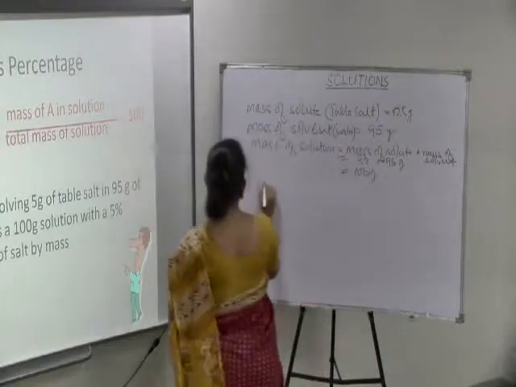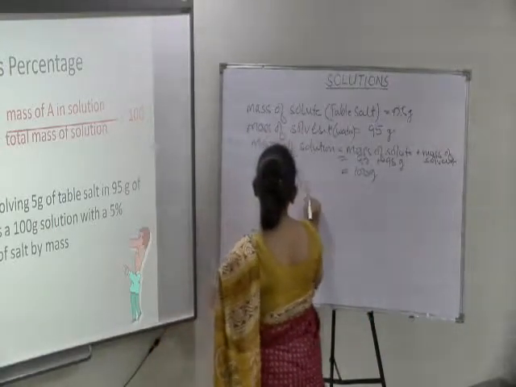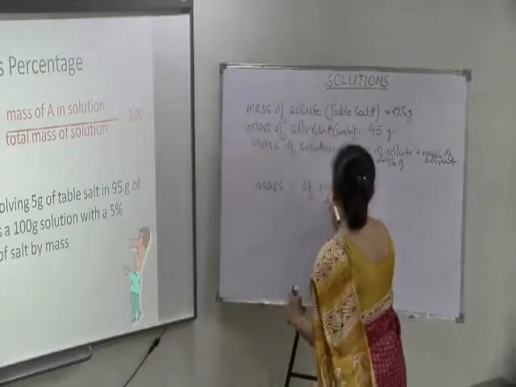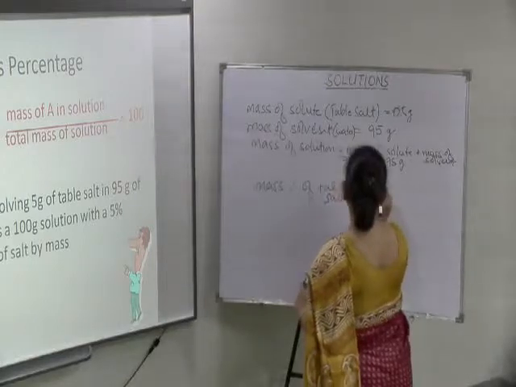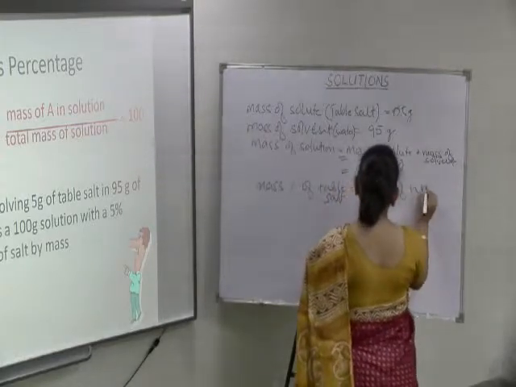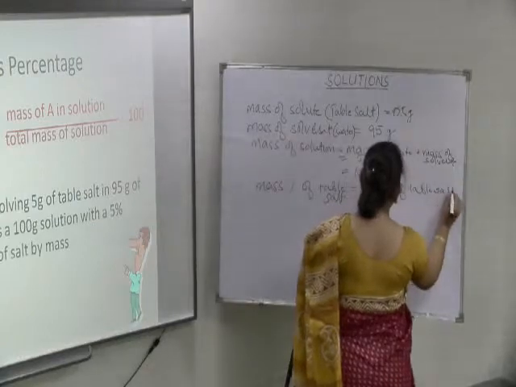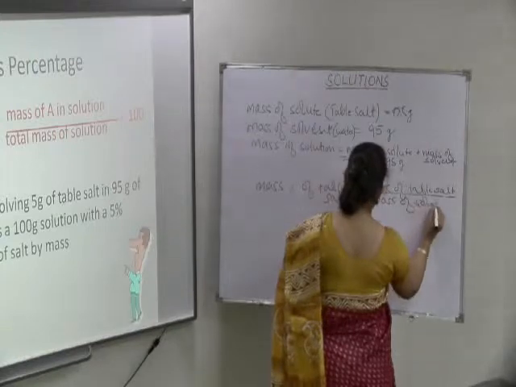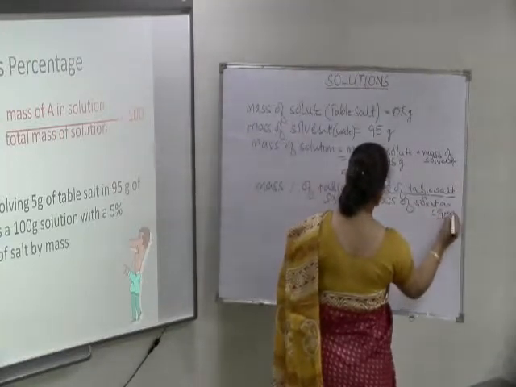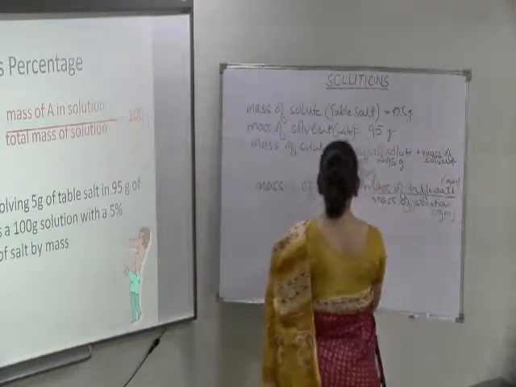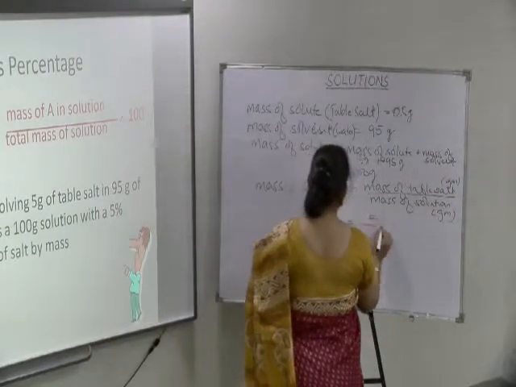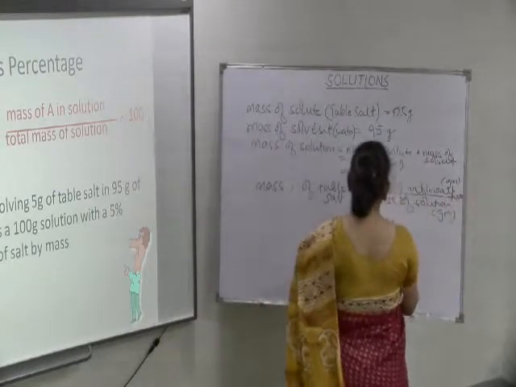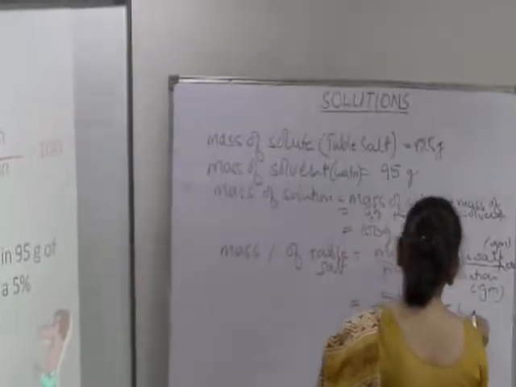If we have to find the mass percentage of table salt, it will be mass of table salt upon the mass of solution in grams, which comes out to be 5 upon 100 into 100, that is 5%.